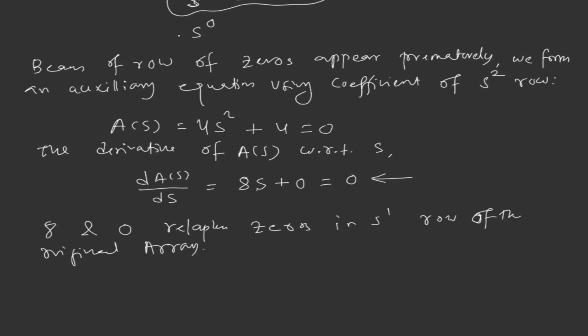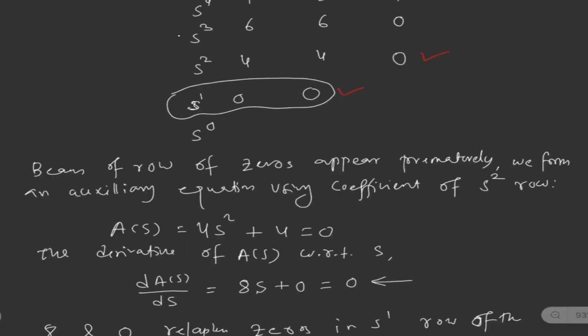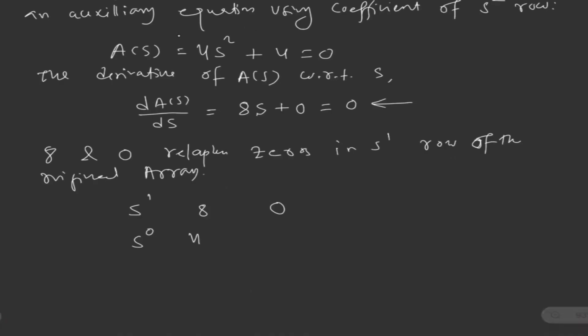So then we can write, let's start with s1 where 8 and 0, and s0 will be 4. So if you substitute in this row 8 and 0, the s0 row will be 4. This is basically the coefficient of dA/ds. So now we'll have some more treatment on this particular equation.